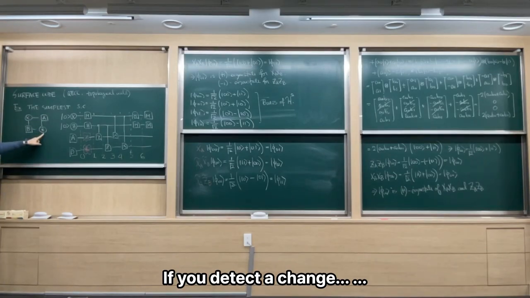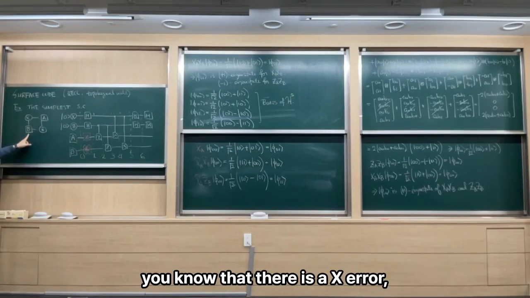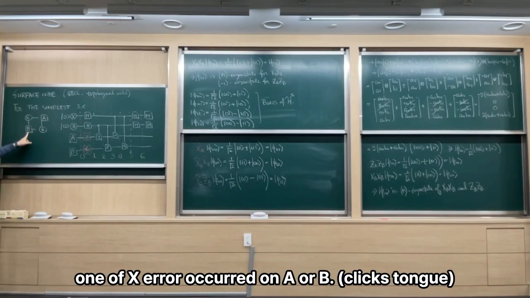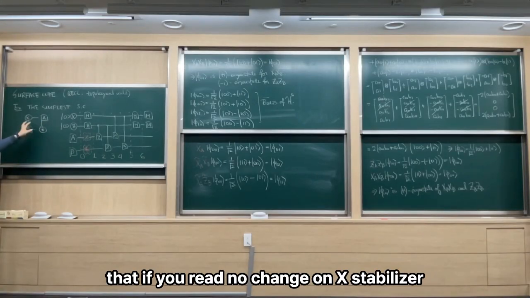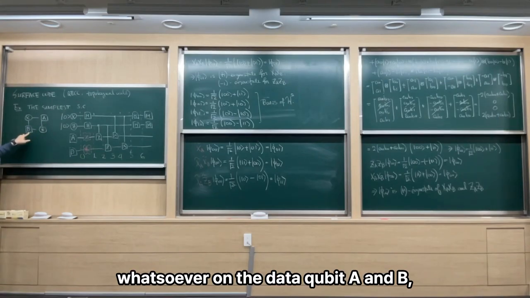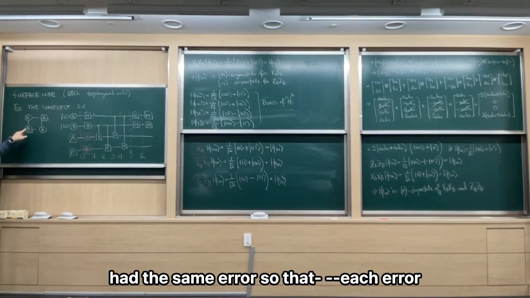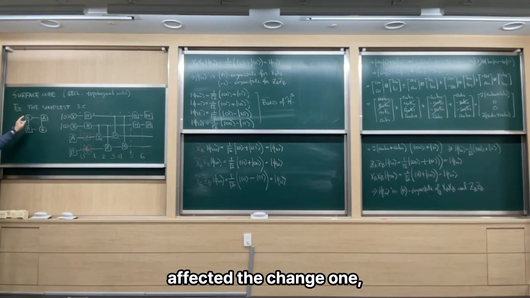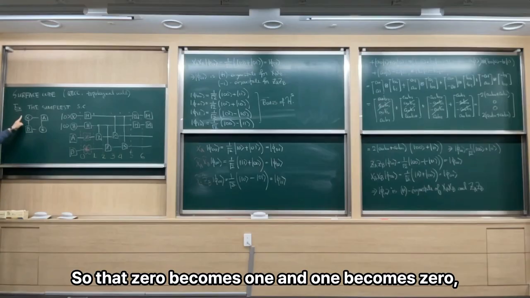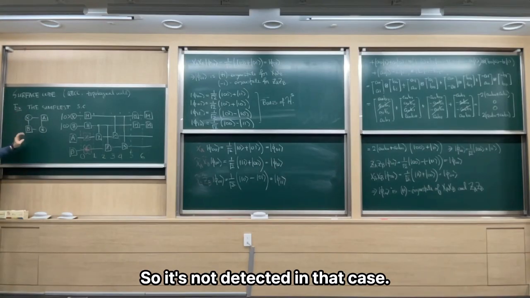If you detect a change of your measurement outcome on the Z stabilizer, you know that an X error occurred on A or B. It does not mean that if you read no change on the X and Z stabilizers, there's no error whatsoever on data qubits A and B, because both data qubits could have had the same error, so the change happened twice, so 0 becomes 1 and 1 becomes 0, getting back to the original. So it's not detected in that case.